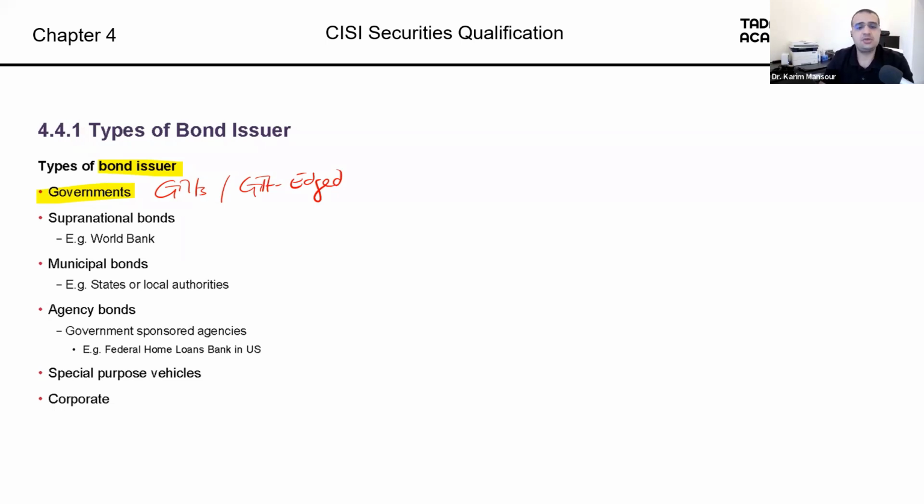And governments issue bonds for usually two purposes. They can either issue bonds to finance governmental projects, or they can issue bonds to control money supply.